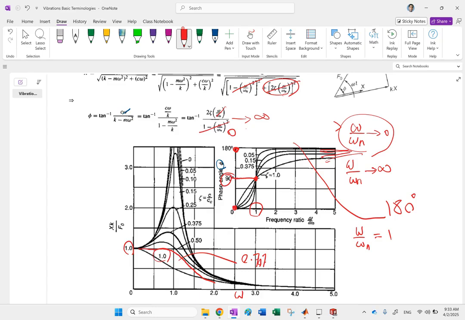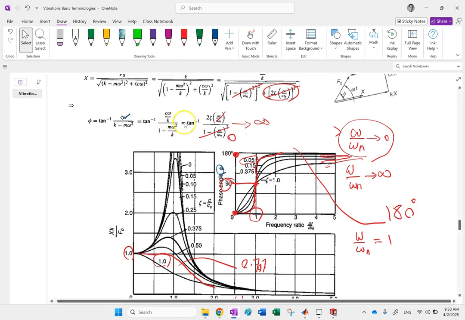Now, of course, the bigger the zeta is, the more time it takes for the phase to go to 180. The smaller the zeta is, the faster it is converging to 180. And again, that can be discussed as well. So this is your phase diagram. This is your magnitude diagram.